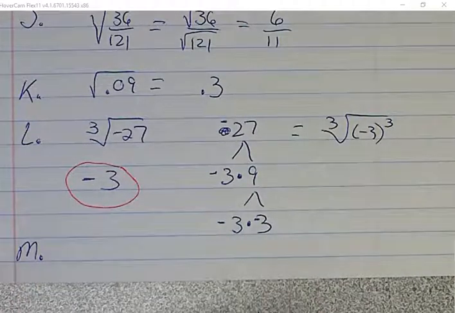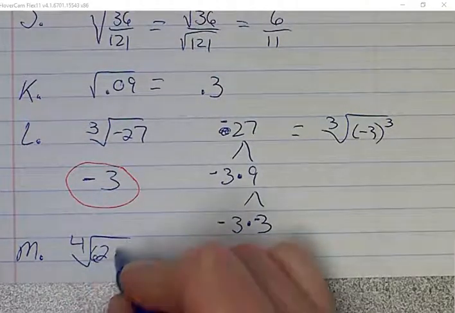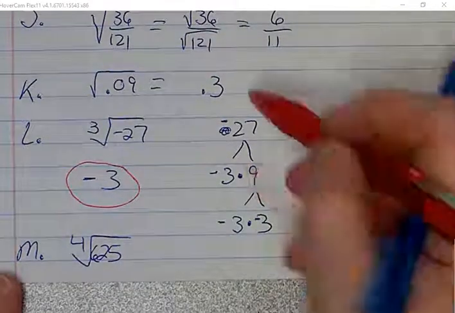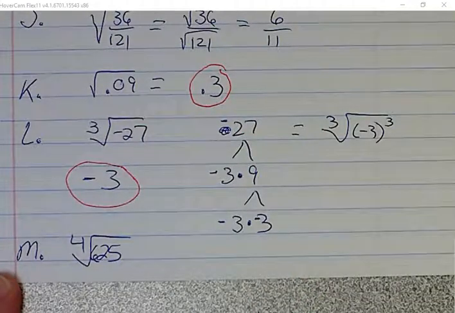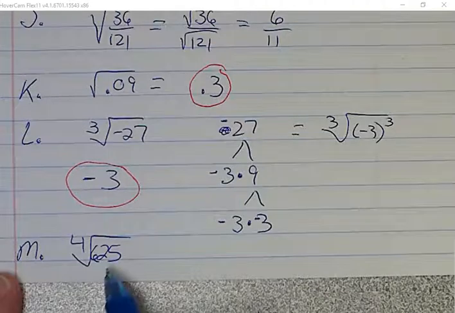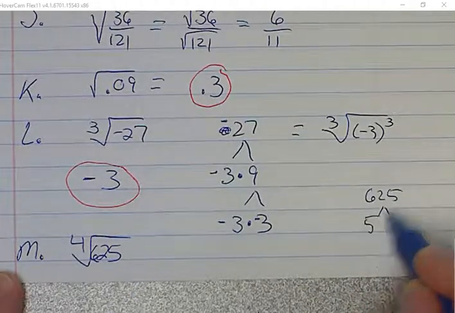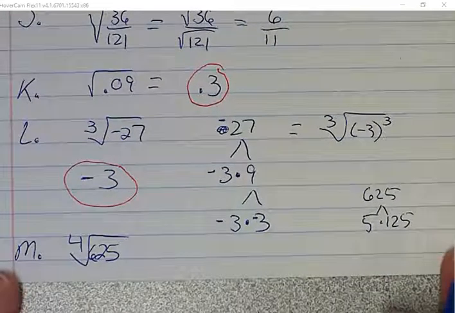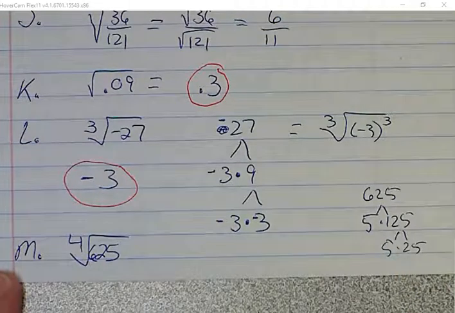All right, let's give you one with a big number here. So let's do the fourth root of 625. Alright, we'll do over here on the side. 625, you start to break it down. Ends in 5, so you can do 5 times 125. 125 would be 5 times 25.